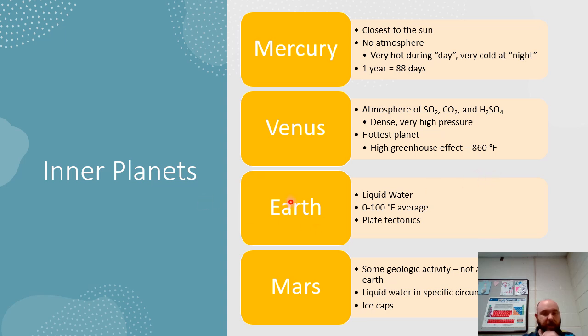And then, of course, we have planet Earth, and we have some of the defining characteristics of planet Earth. So far, it's the only planet we know that holds liquid water. It sits at a good range for what we know life to proliferate at, somewhere between 0 and 100 degrees Fahrenheit on average. And plate tectonics. We won't get into geology and geography too much, but just a quick rundown.